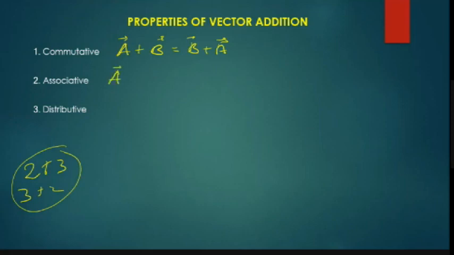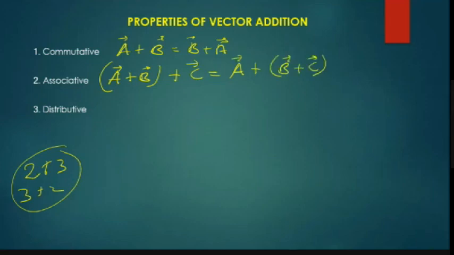So vector A plus vector B plus vector C is equal to vector A plus vector B plus vector C. What is the meaning of this, Devika? I have three vectors, vector A and vector B and vector C.